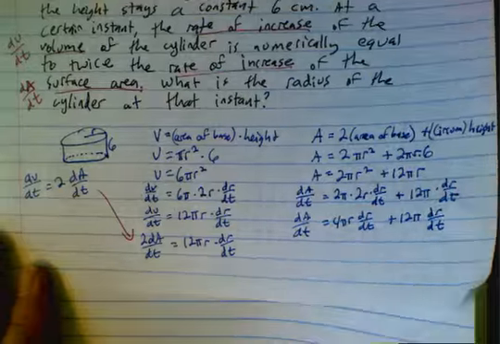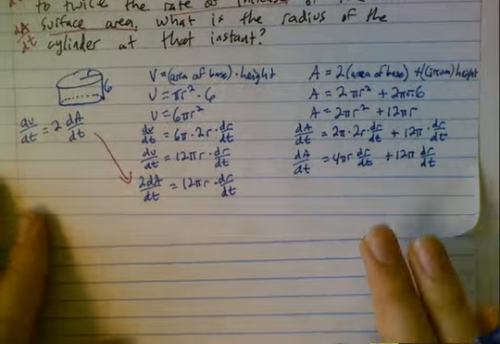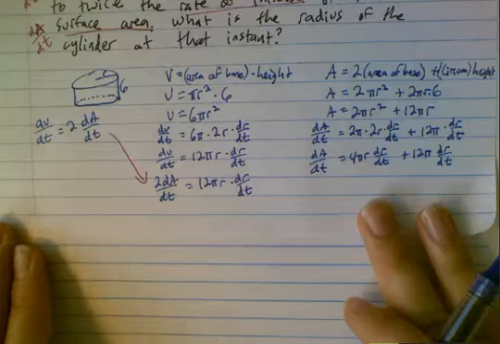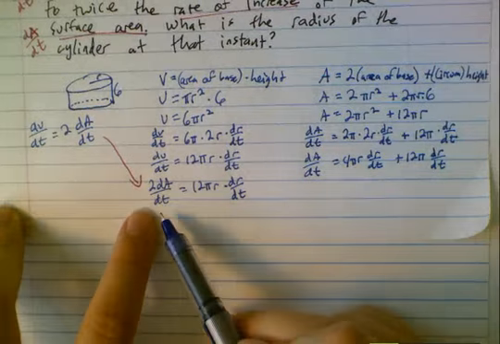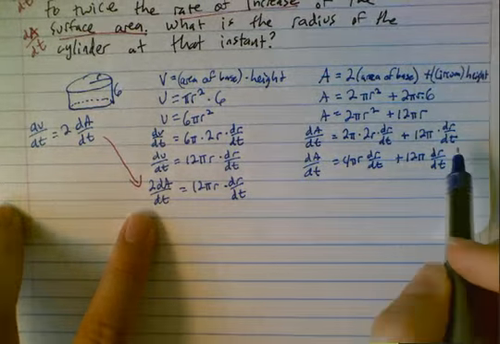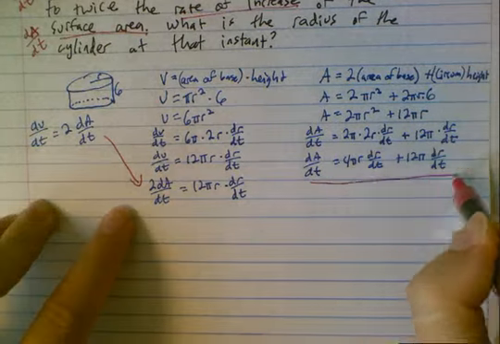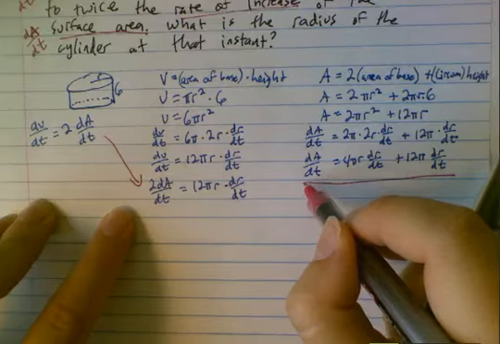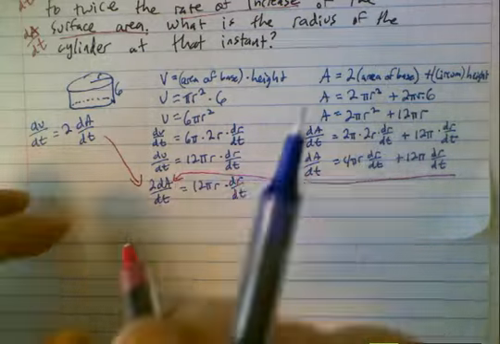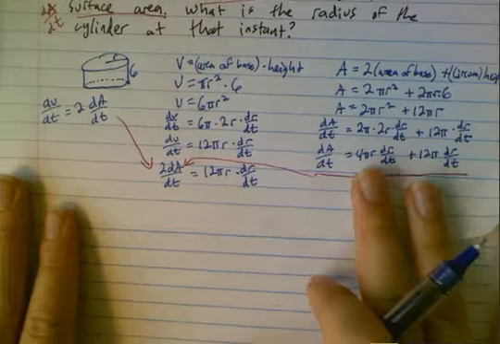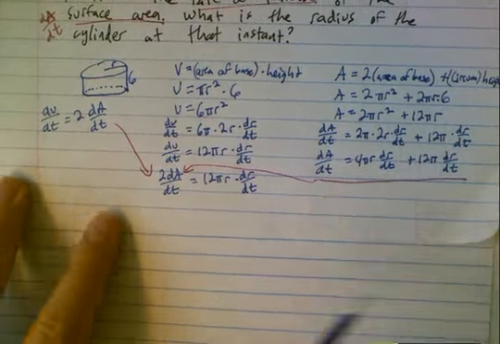Well, notice that we've got a dA/dt over here and a dA/dt over here. So that means that we can substitute all of this right into here if we like. That gets rid of another variable.